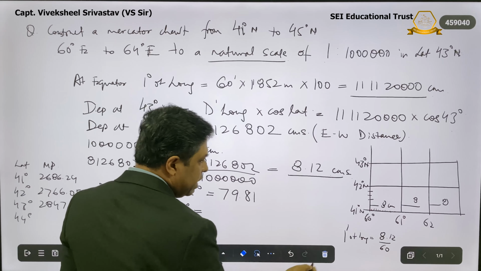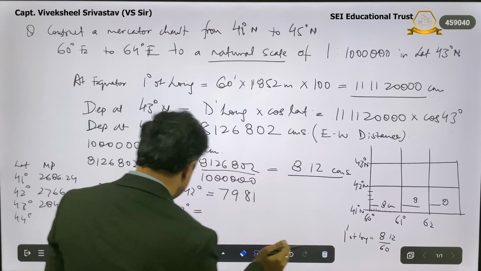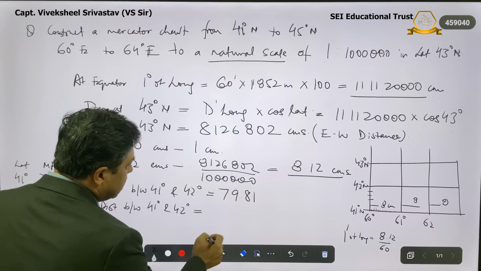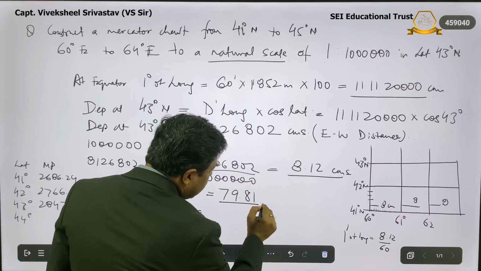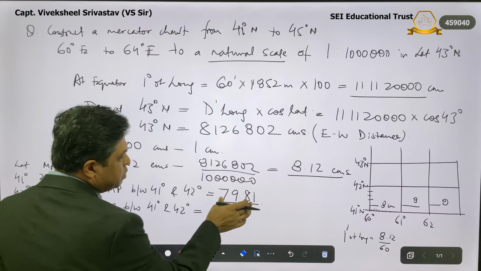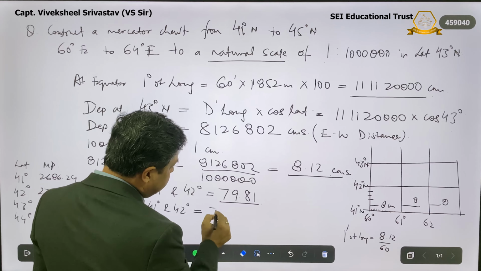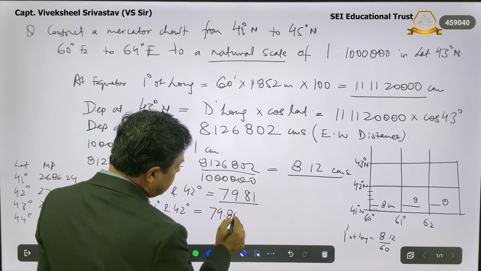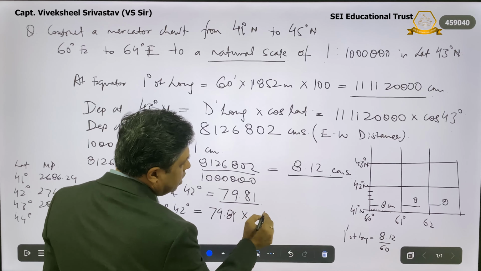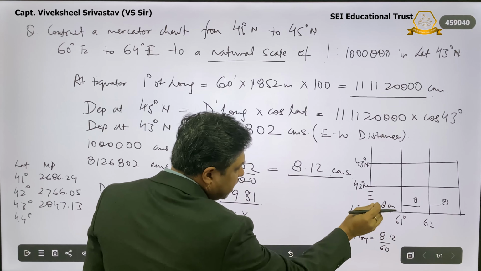So if 1 minute of longitude is this much and your DMP is 79.81, this means you have to multiply the DMP, 79.81, into the length of each minute of longitude.